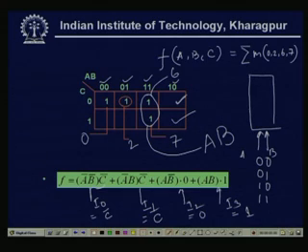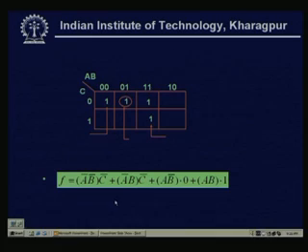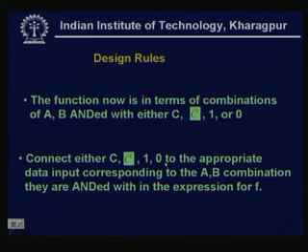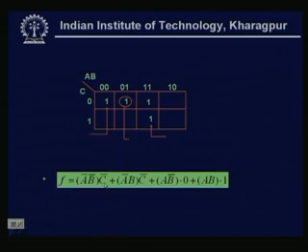So, those 3 variables I have changed to 2 as the control lines and 1 as the primary input. So, if we see the design, what will be my design rules? The function will be in terms of combinations of A B ANDed with either C bar, 1 or 0.